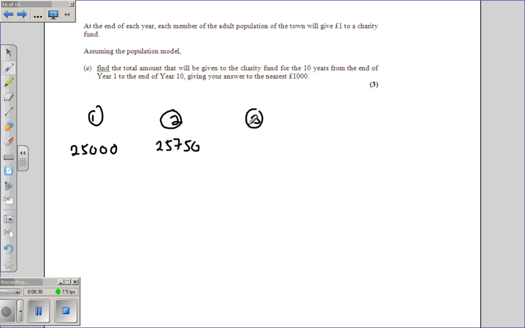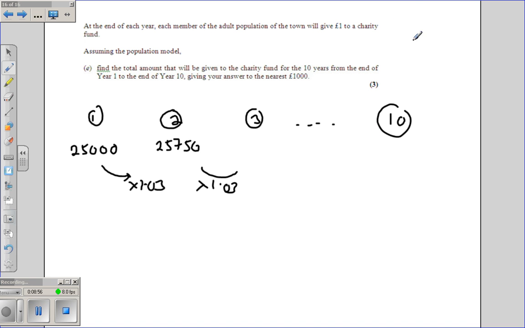In the third year, it's going to be whatever 25,750 times 1.03 is, all the way to the 10 years. So it's that many pounds because it's £1 per person from each person in the population. So it's that many pounds plus that many pounds plus that many pounds, all the way up to that. So it is a summation one.